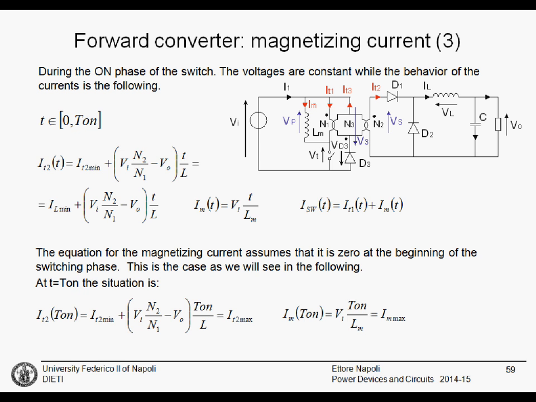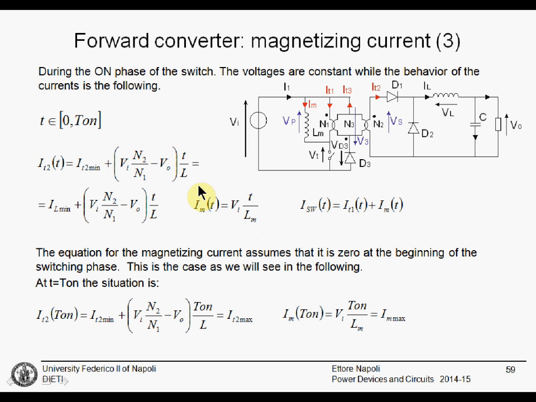Is this true? Yes, it is true. We will demonstrate this later. But also because if it is not true, the circuit cannot work. It works if we are able to reset the magnetizing inductor current to 0 after every switch of the transistor. This means that this equation is correct.